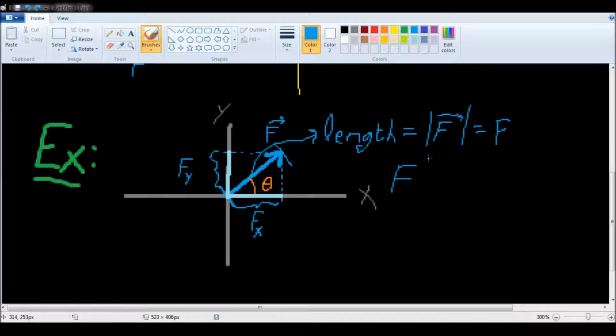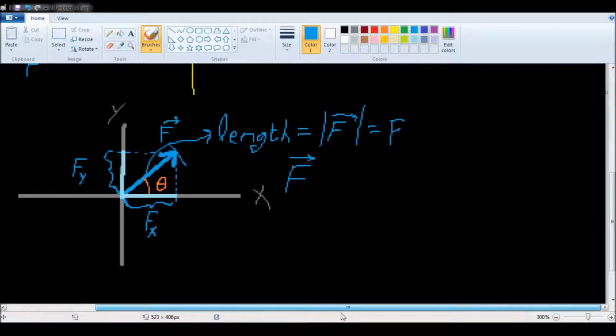now that we've broken these down into components, the component along the x-axis and the component along the y-axis, we can write these in what is called, actually, frankly, I don't know exactly what the name of it is, but it's a standard vector notation that uses what is called a unit vector.